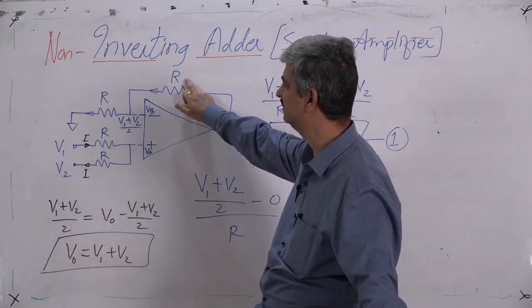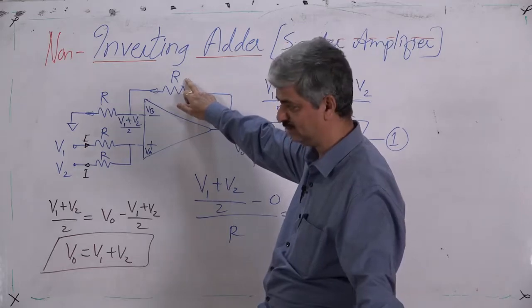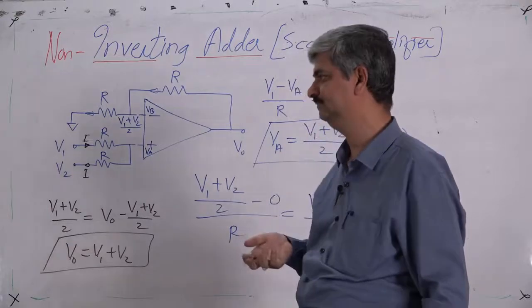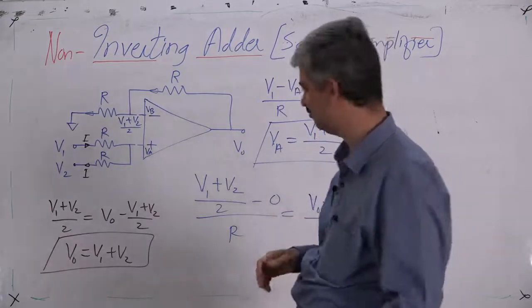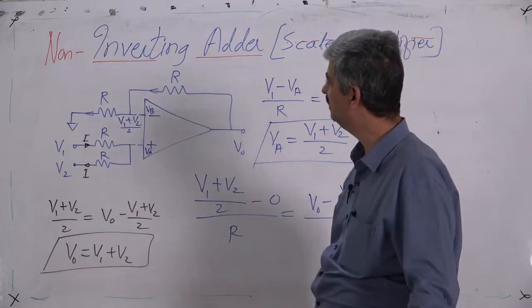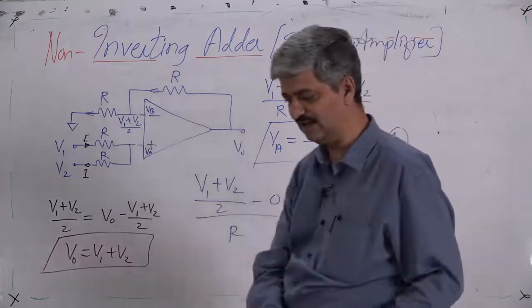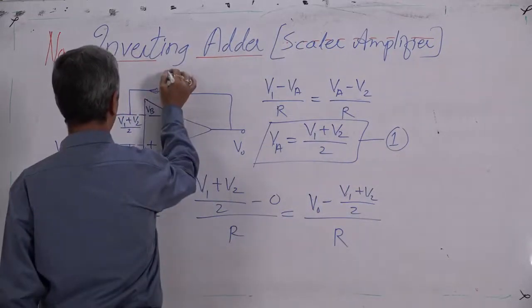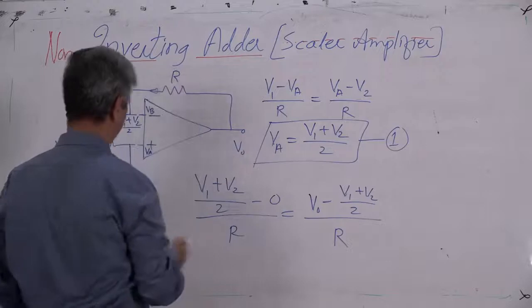In that case, there would be some gain, and it is called a summing amplifier. For the summing amplifier also we can have some values. So, this is the inverting adder. Suppose I make this value as KR, in that case things will change.